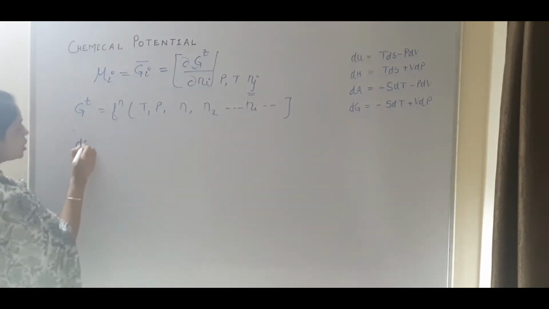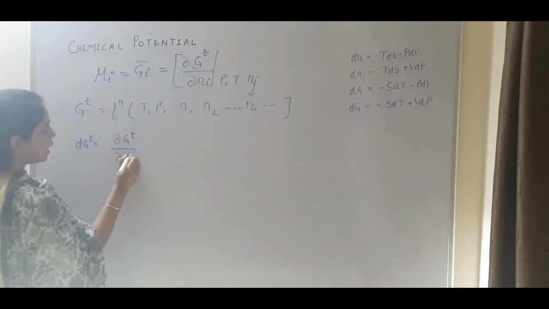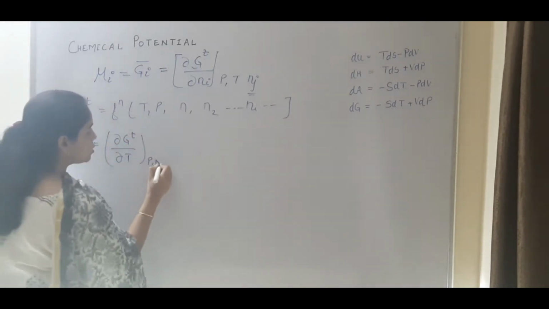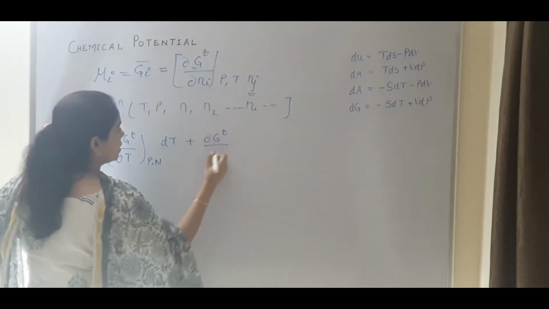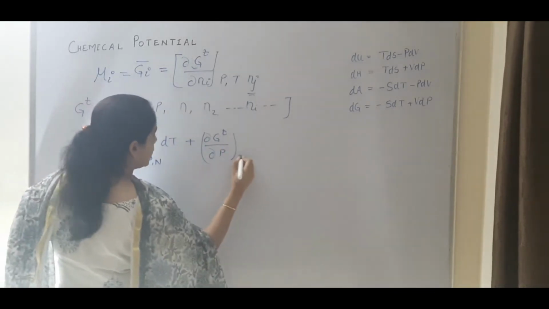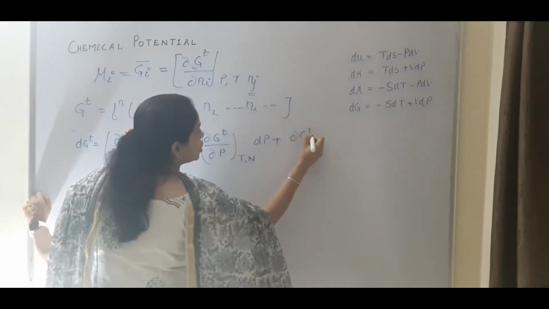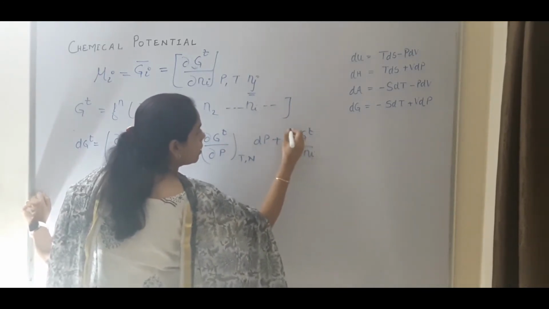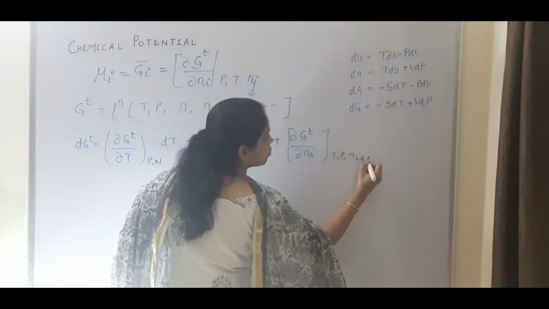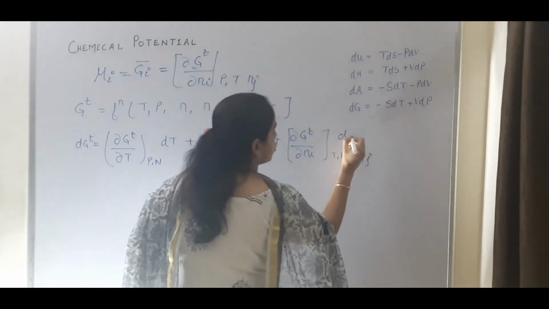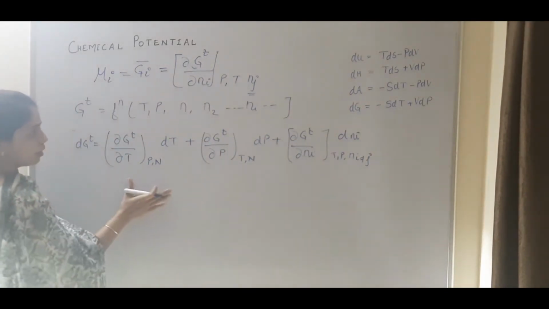So we get dGt equals the partial derivative of Gt with respect to T, where P and n are constant, times dT, plus the partial derivative of Gt with respect to P, where temperature and number of moles are constant, times dP, plus the partial derivative of Gt with respect to ni, where temperature, pressure and nj are constant.